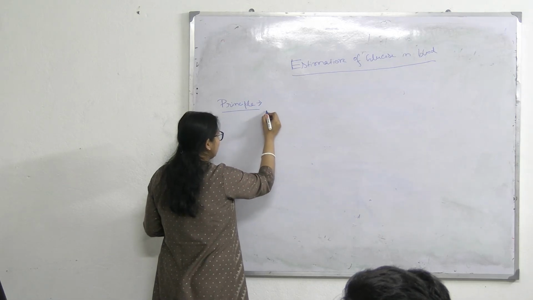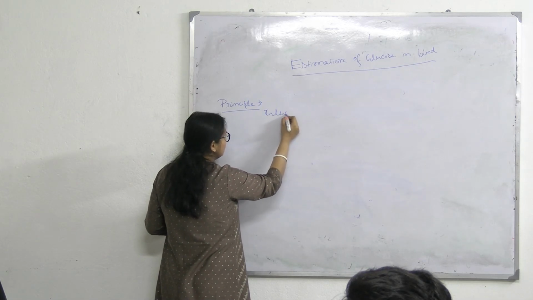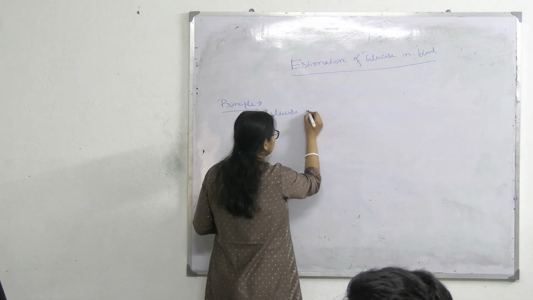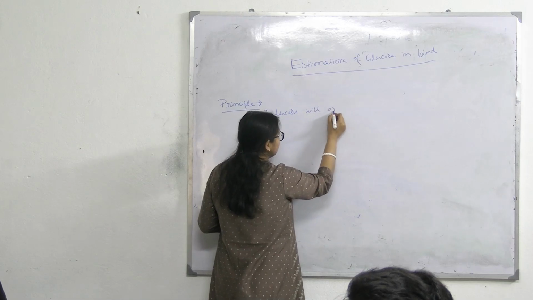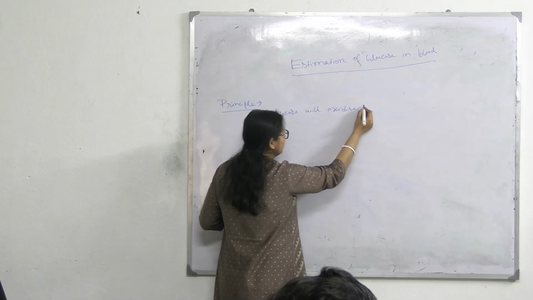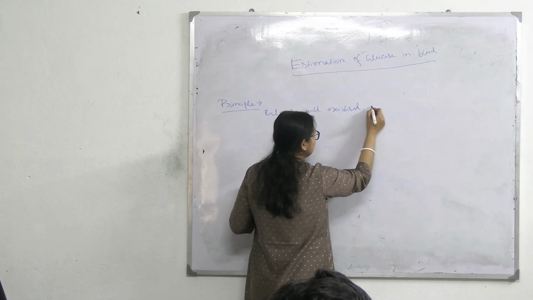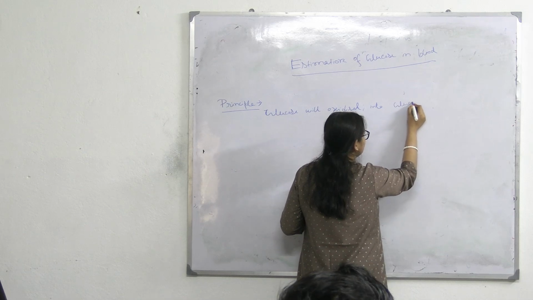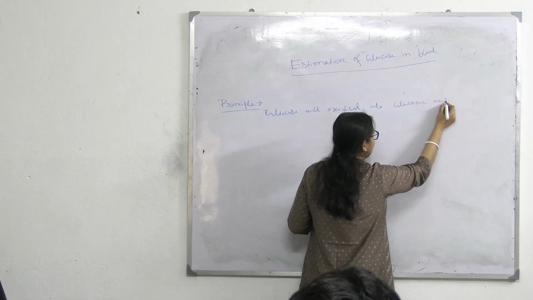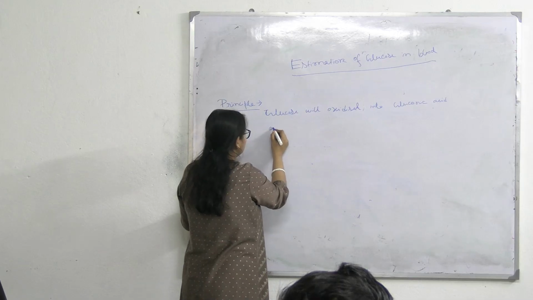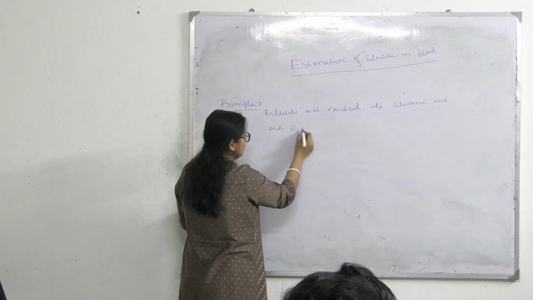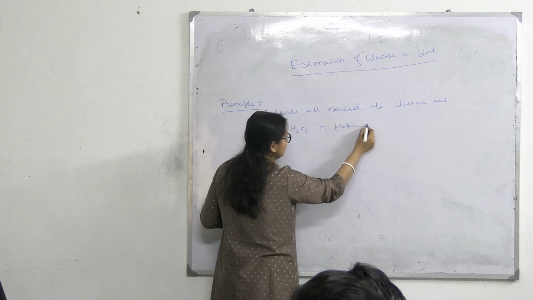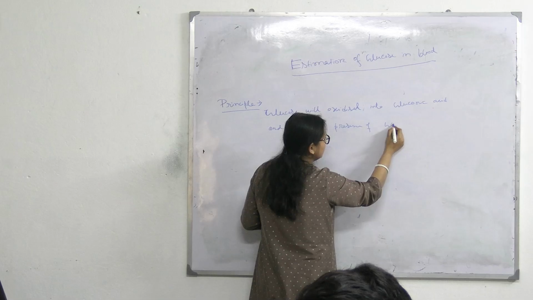So you write down the principle, that is glucose will be oxidized into gluconic acid and hydrogen peroxide in presence of glucose oxidase.